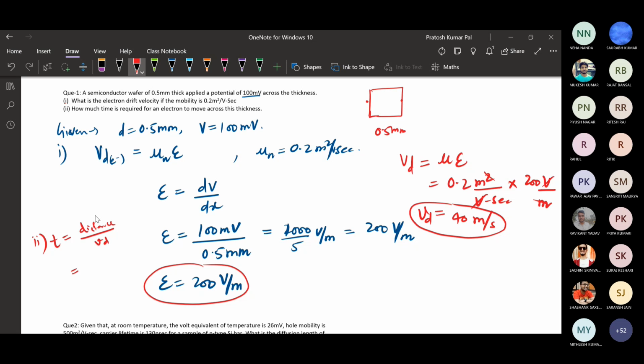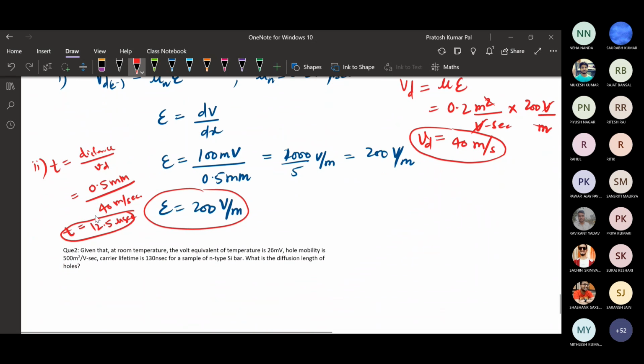So 0.5 millimeter divided by 40 meter per second. It will come out to be 12.5 microsecond.